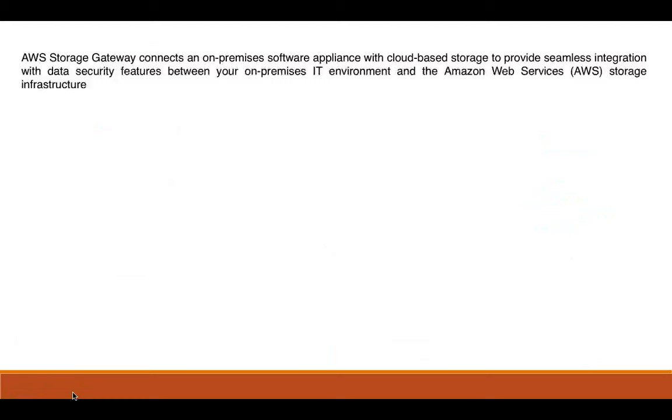An AWS Storage Gateway connects an on-premises software appliance with cloud-based storage to provide seamless integration with data security features between your on-premises IT environment and AWS storage infrastructure. You will use a storage gateway to merge with your existing storage infrastructure in your data center.